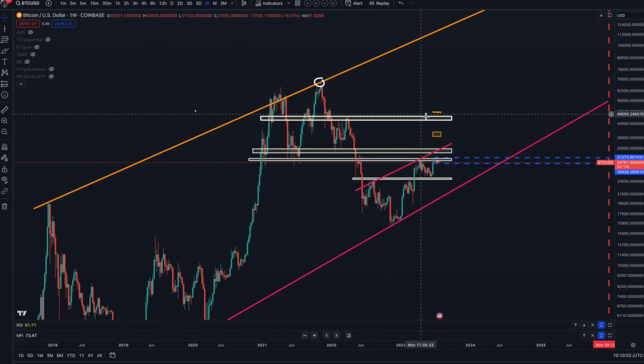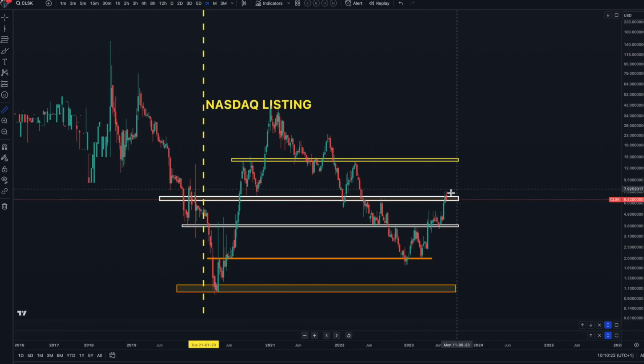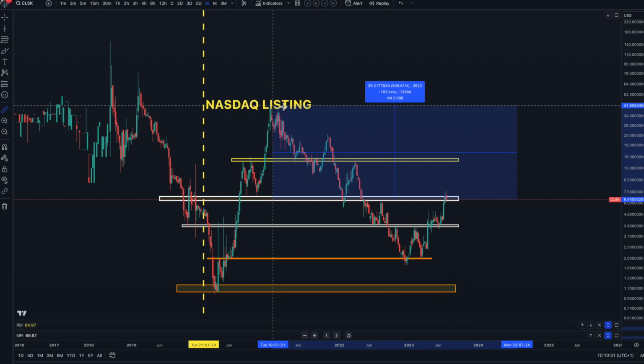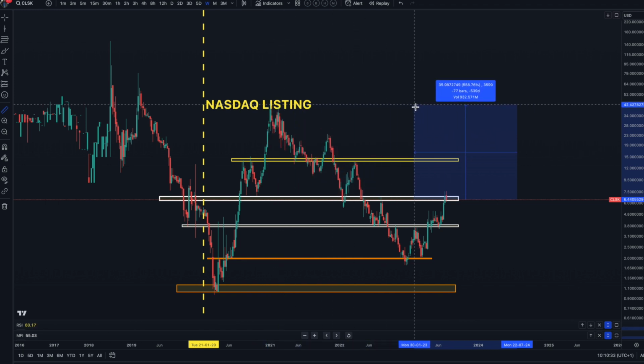But if you compare that with some of the Bitcoin miners, so CleanSpark, which is one of the Bitcoin miners, which I expect to do quite well, and you can see from here the current price is around 6.40, but the high price was about 42, 43. And you can see that while Bitcoin is expected to go up 130% to meet its all-time high, CleanSpark would have to go up by 558%. So you can see the leverage play potential over here.